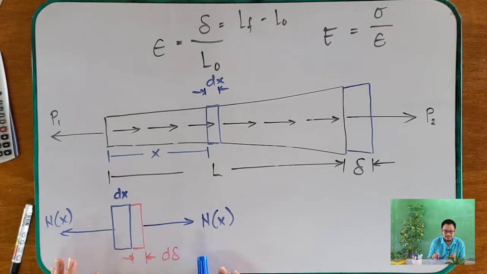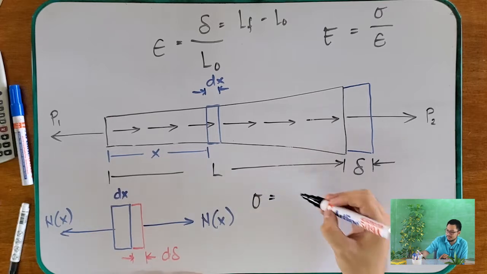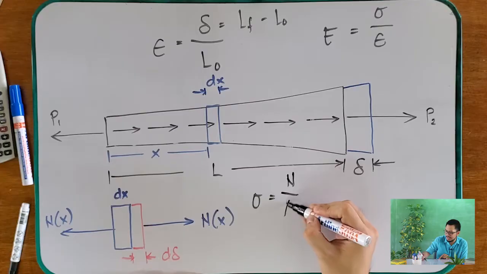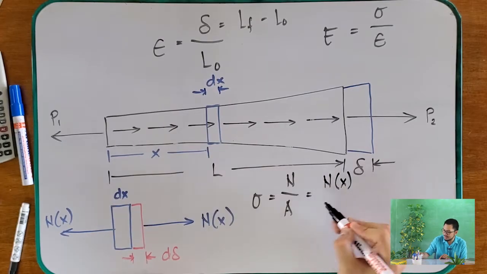So therefore, what is the stress at this differential element diri? Diba, we all know that stress is just equal to normal force over area. And what is our normal force? Our normal force is n as a function of x. And what is our area?